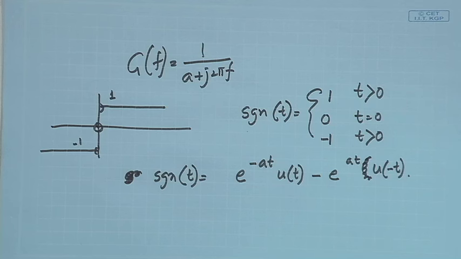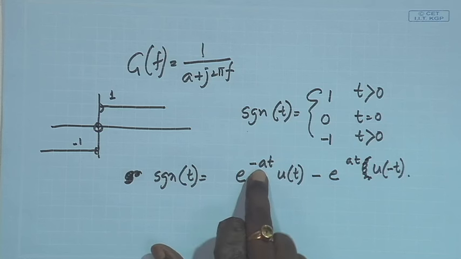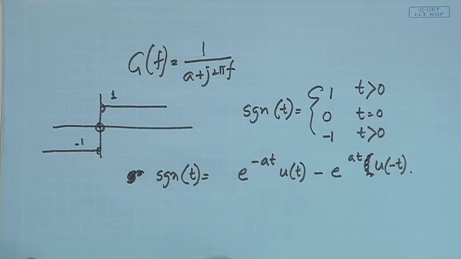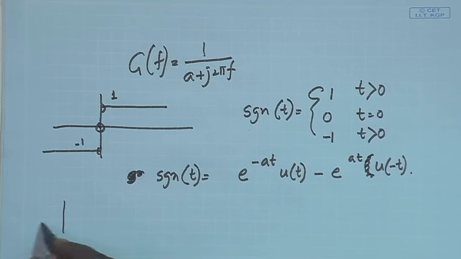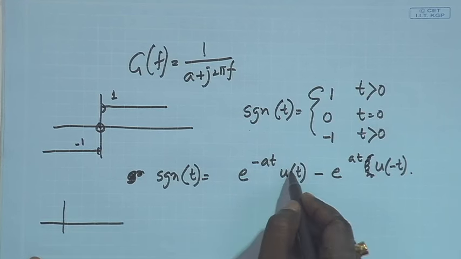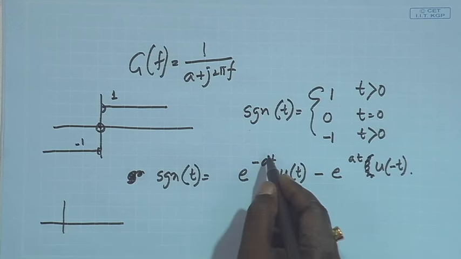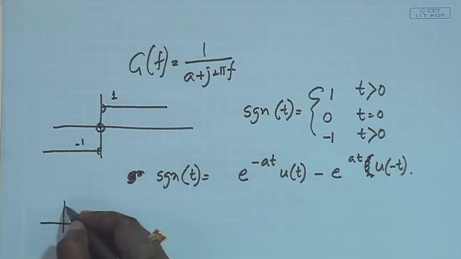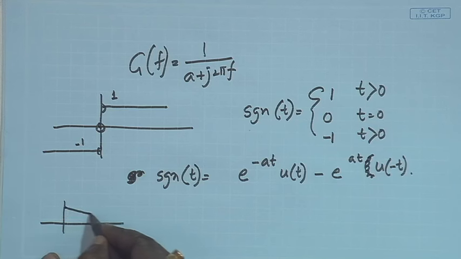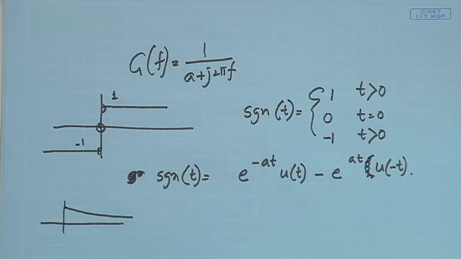So, if you see what is happening, it is actually a combination of these two. First is e to the power minus a t u t. What does that mean? E to the power minus a t u t looks like this. So, u t means it is defined only in the positive half, and e to the power minus a t means at t equal to 0 it is 1, and from there it is exponentially decaying. Okay.